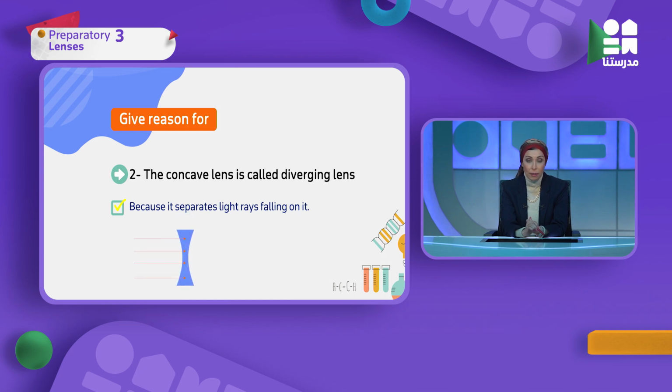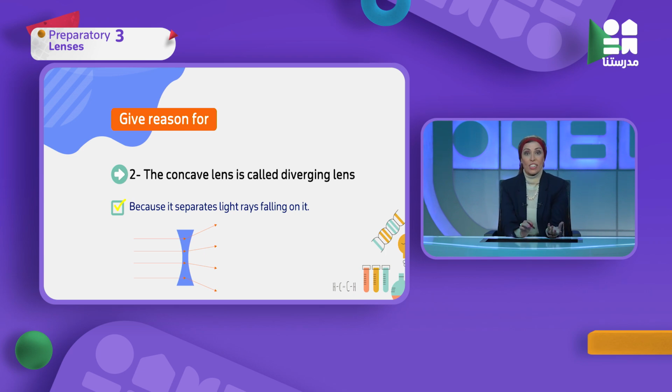This is the concave lens. Then those are the light rays that fall on it. What happens to the light rays? The other lens was collecting, this one will separate. From the middle part the light rays start to be separated, scattering away from the lens. Here this is the shape of refraction but by diverging or scattering the light rays.